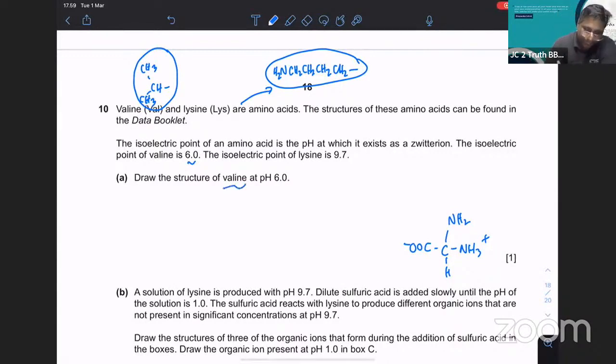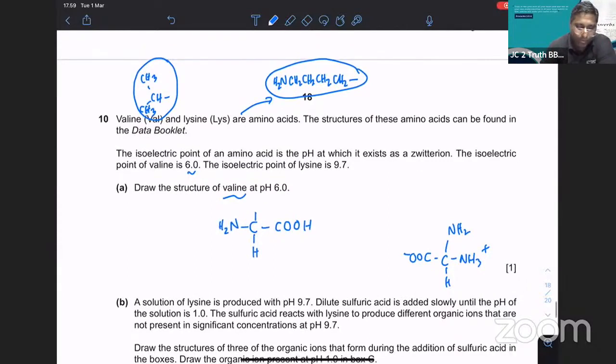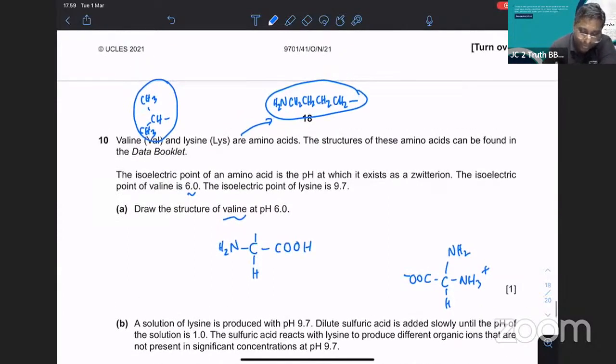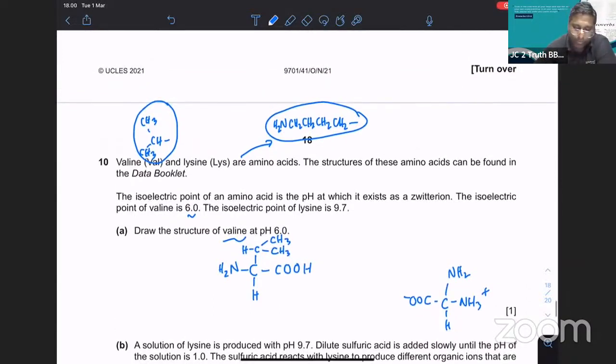So for valine, the carbon must have COOH, NH2, and hydrogen, and the R we know is going to be CH with CH3, CH3, so we can draw that.